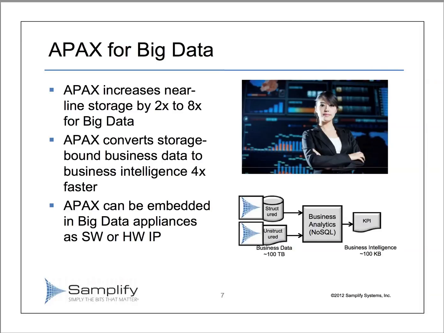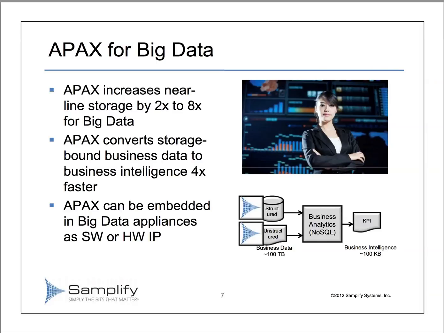And with all of this data out there sitting in storage, it's inherently a storage-bound problem. And by increasing the throughput off of these storage arrays, we improve the turnaround time from taking this business data and turning it into business intelligence by up to a factor of 4. And as we talked about earlier, our APAX technology can be made available both as a standard software library running on Linux or Windows on Intel processors, but also as embedded software or as hardware IP cores.